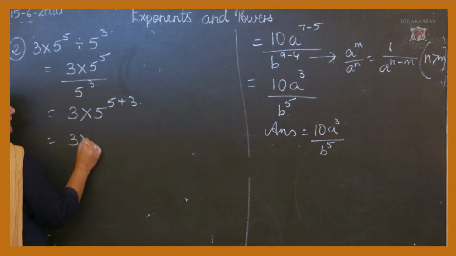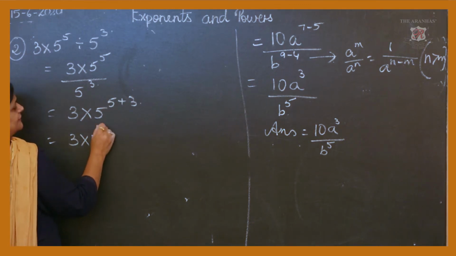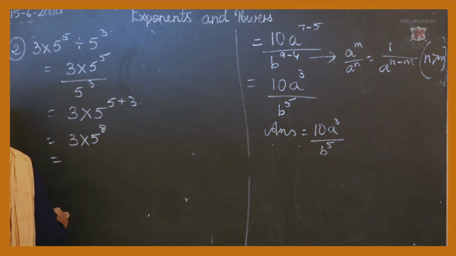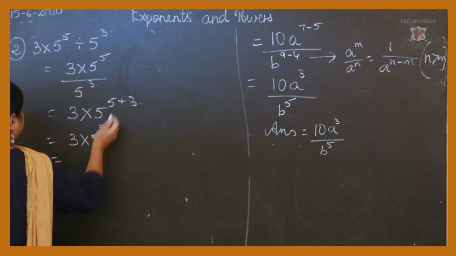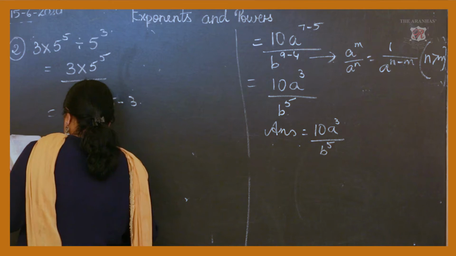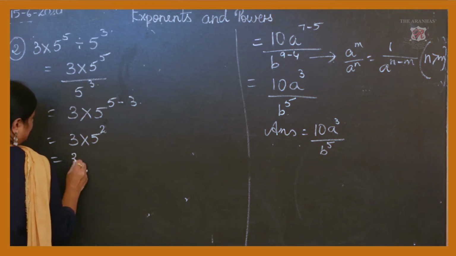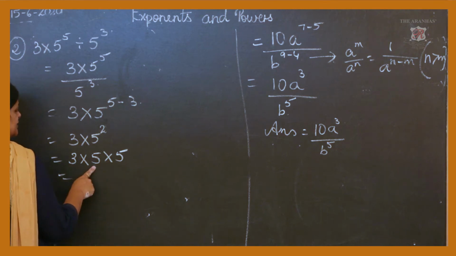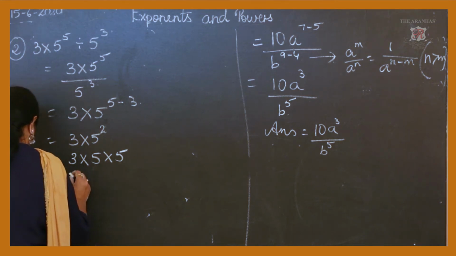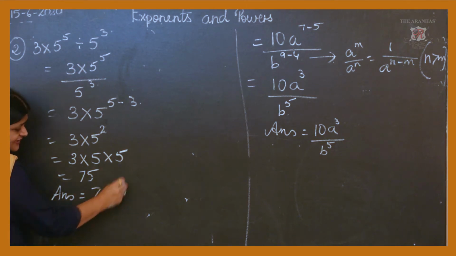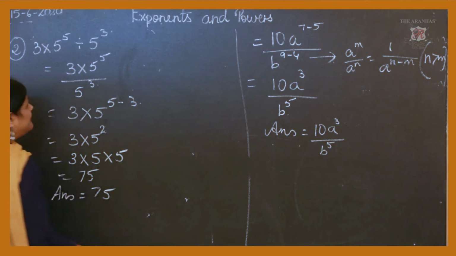That is equal to 3 into 5 to the power of 2. So now when you are doing it, that means 3 into 5 into 5. 5 5s are 25, 25 3s are 75. So your answer is equal to 75.